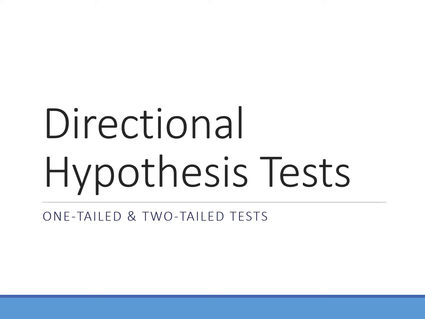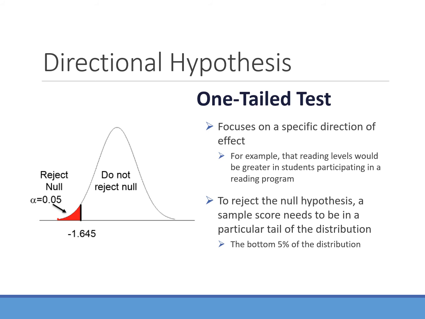Now, what if we have, in our case, we did have a directional hypothesis test, okay? And what do I mean by that? Our test was looking at a specific direction. We wanted to see that babies would walk earlier than the average baby, not later, okay?